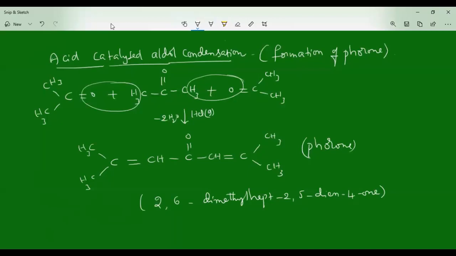Hope you understand. When they ask acid catalyzed aldol condensation reaction, the formation of phorone takes place only when we have taken excess of acetone. Excess of acetone, the wording is important. Excess of acetone reacts with dry HCl to form the compound known as phorone.